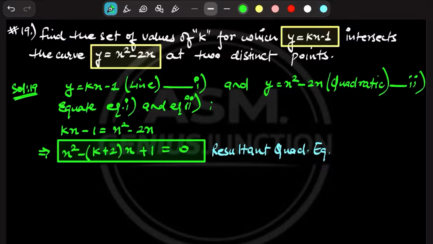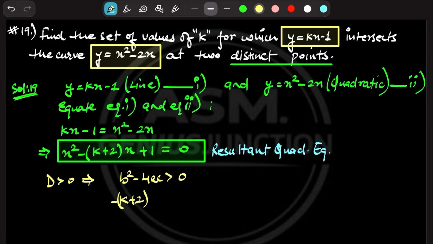Now, the question says to find the value of k for which this equation has distinct points. Distinct points means that D should be greater than 0. It means that b square minus 4ac should be kept greater than 0, right? So I will write b square, that is minus (k plus 2) whole square, minus 4 times a, that is 1, and c, that is 1, greater than 0.